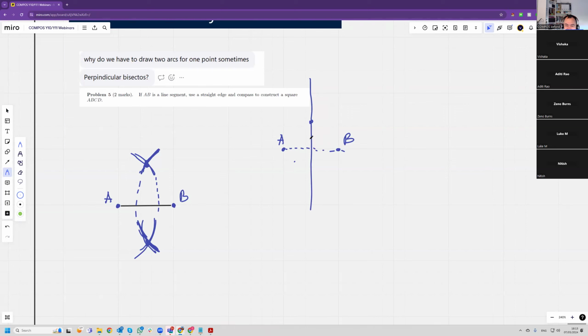Not a great idea. You could find the midpoint, but how do you do that? Oh yeah, you can do that. You just measure, you draw a circle of that radius like this. Find the midpoint, and then from the midpoint, you draw a straight line, and thus you find point C. Many different ways. You extend the line, draw an arc to double the line perpendicular, yes, very good.